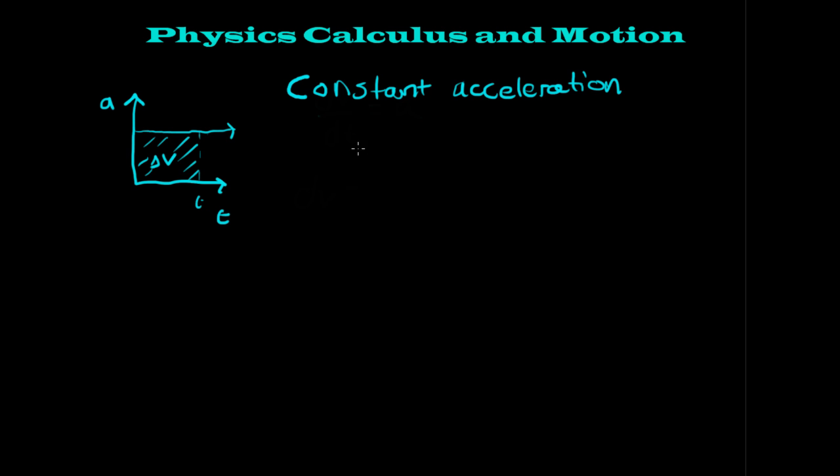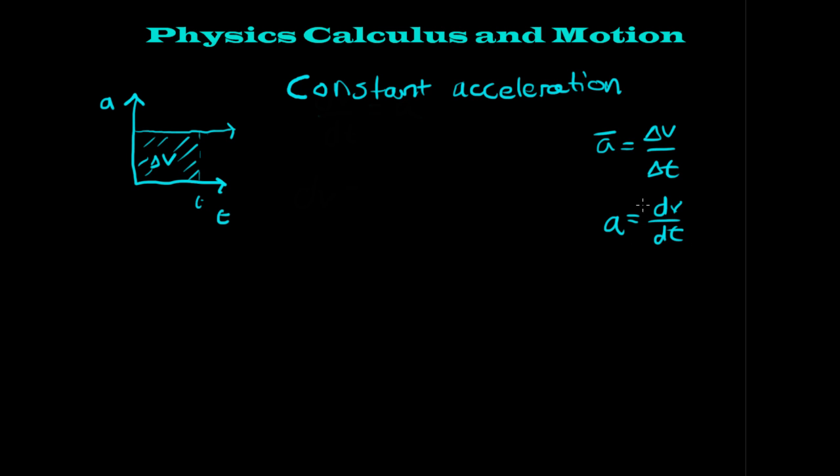So, what is a? We've talked before, especially in average terms, about average acceleration being equal to the change in velocity over the change in time, versus instantaneous acceleration, which is equal to the change in velocity over the change in time, except these changes are infinitesimal. They're really small.